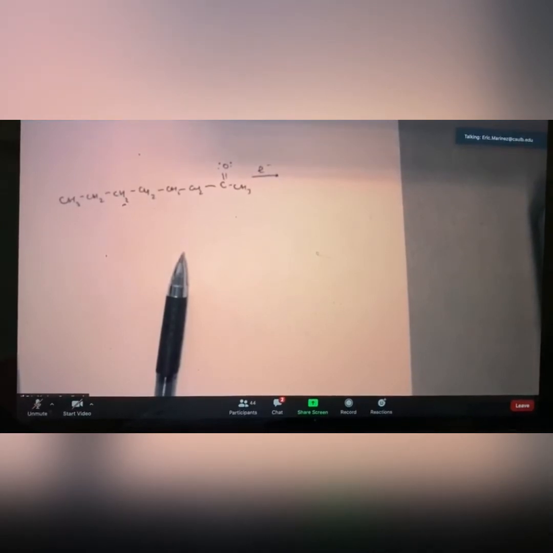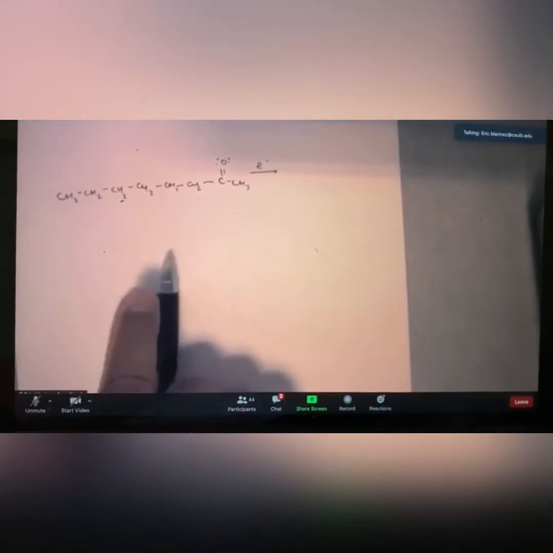Basically what I would like you to do is start off with the molecule. I redrew the molecule, but this time I flipped it, where I put the carbonyl on the far right and the methyl group.